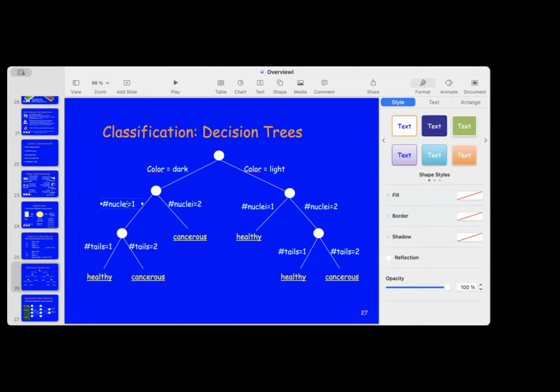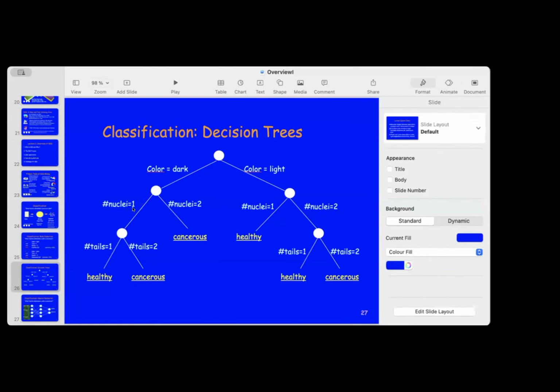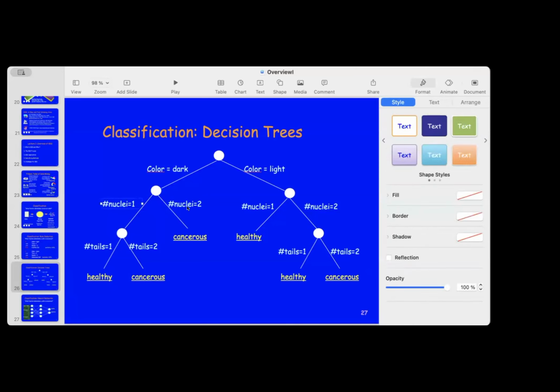The left side is nuclei equal to 1. The right side is nuclei equal to 2. So all the data samples that have nuclei equal to 1 end up on the left side of the tree, and all the samples that have nuclei equal to 2 will be on the right side of the dark subtree.